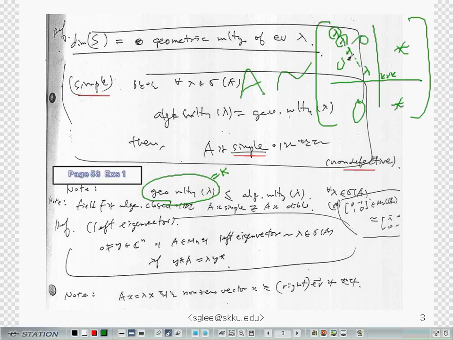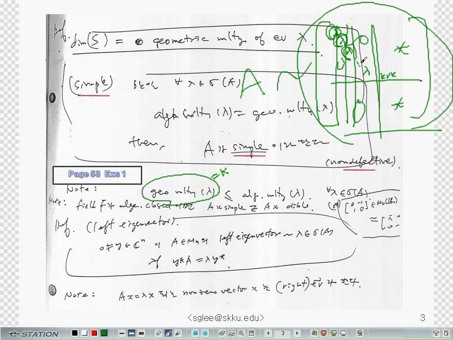So we can have the k columns of this in a matrix which is similar to A. What that means is this matrix has eigenvalue lambda of algebraic multiplicity greater than or equal to k.